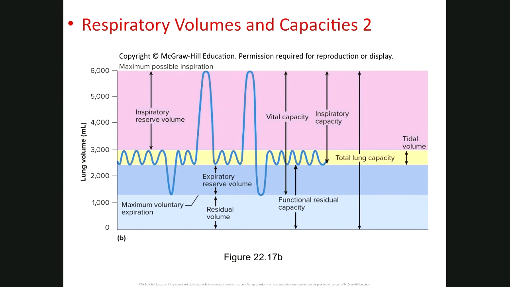Then at the end of a normal inspiration, you try to breathe in as much air as you can. When you peak that, that's your total lung capacity at that point, the top of your inspiratory reserve volume. Then you exhale that and go back to tidal volume.